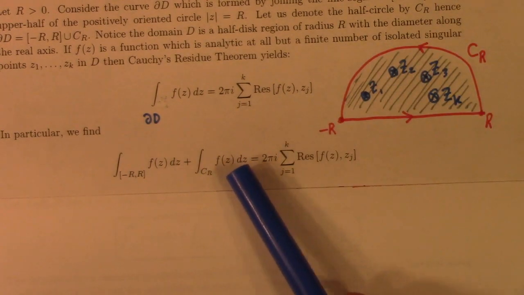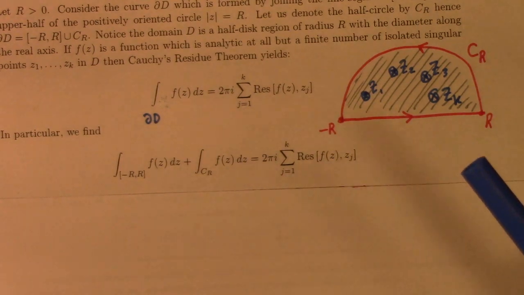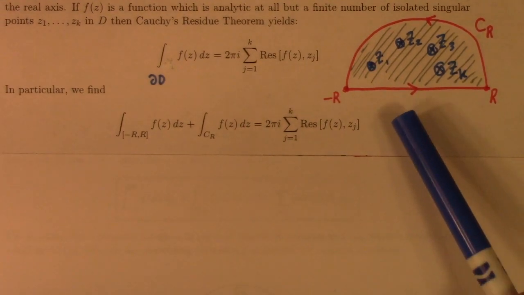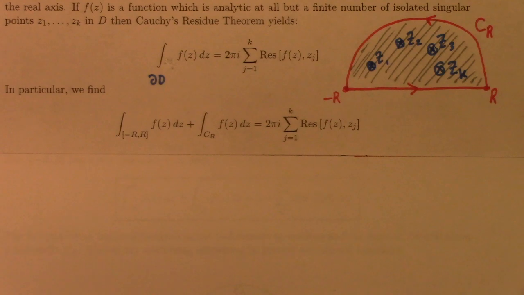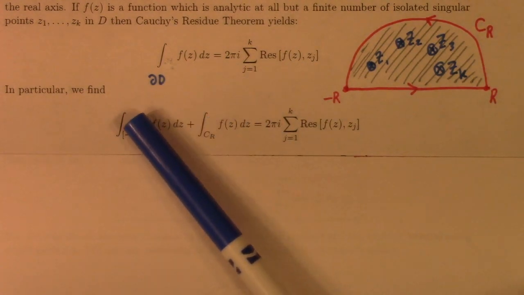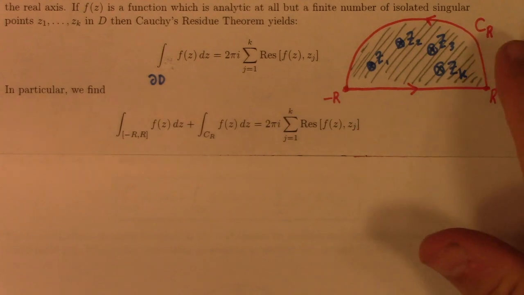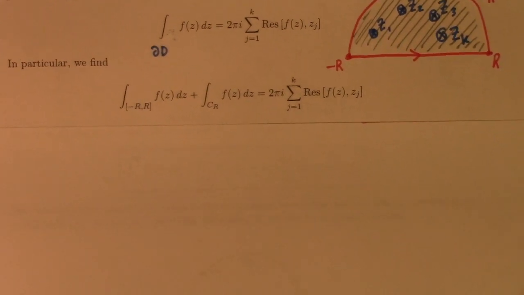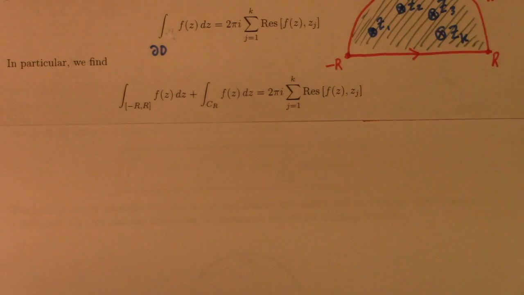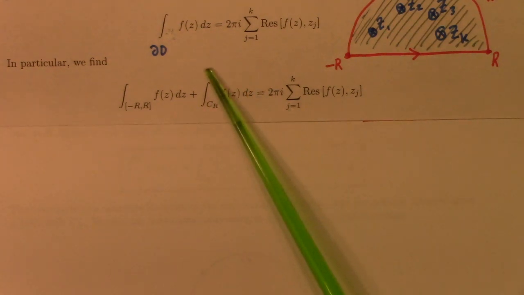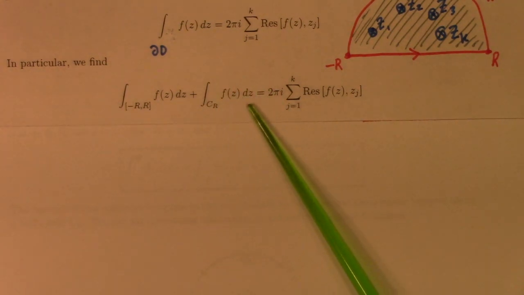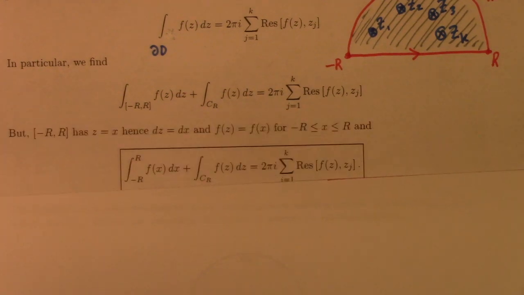So that plus that is equal to 2 pi i times the sum of the residues. Now, this is something we can calculate with our rules. These are two integrals that are interesting, and what is actually interesting is that oftentimes we can make an argument that this piece goes to 0 in the limit as R goes to infinity.